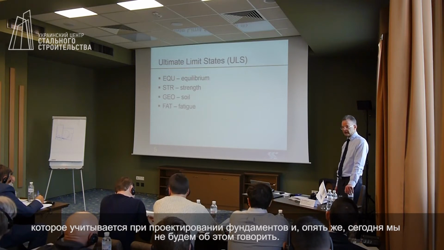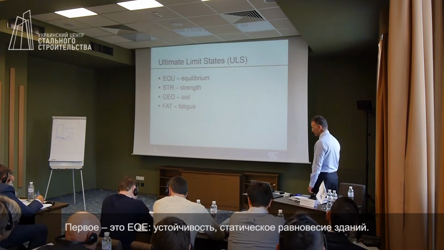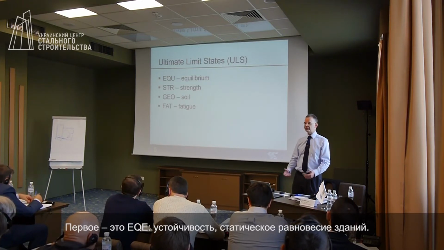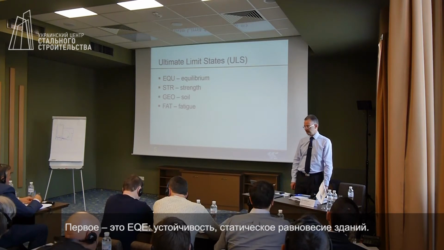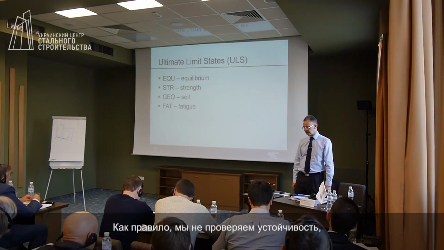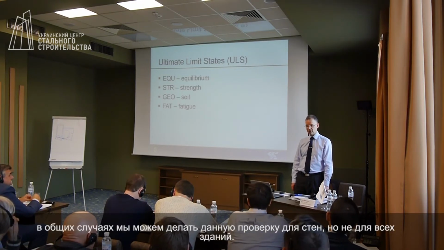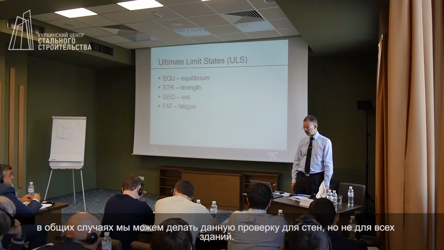Not my subject today. The first one is equilibrium. So that would be sliding of buildings or overturning of buildings. We don't normally check equilibrium. Maybe we check equilibrium for retaining walls. That would be a common case, but perhaps not for buildings.